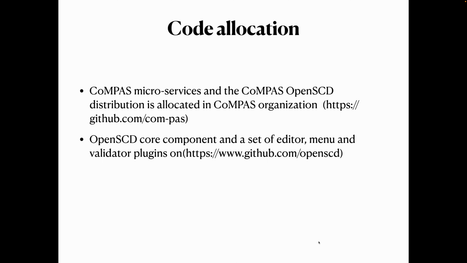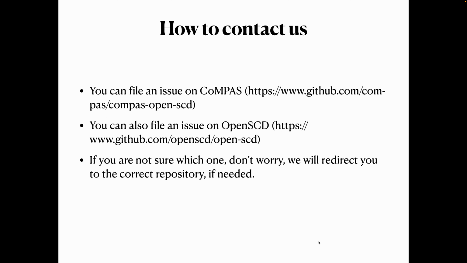And all plugins that are running in the browser, so which do not need a backend service, and the component that is connecting all the plugins together, OpenSCD, are maintained and allocated under github.com/OpenSCD.